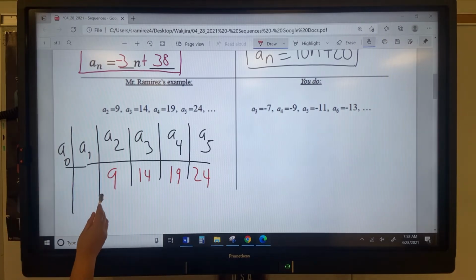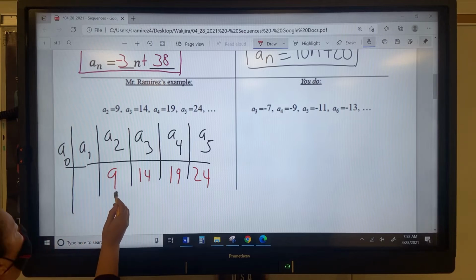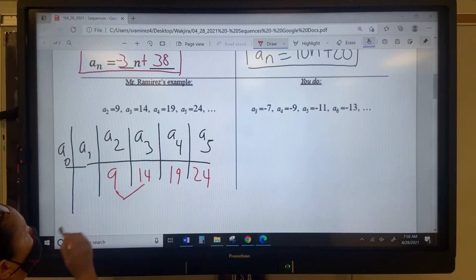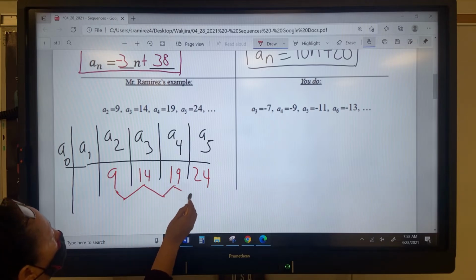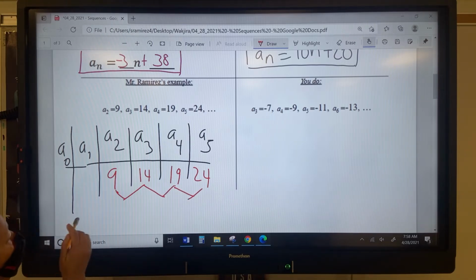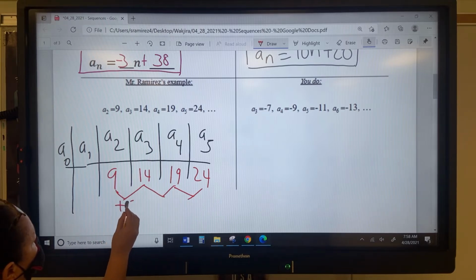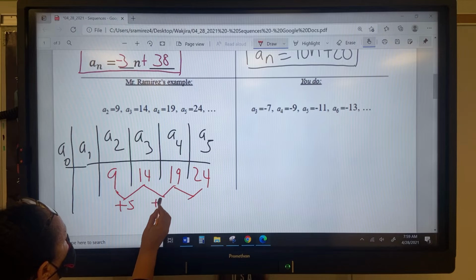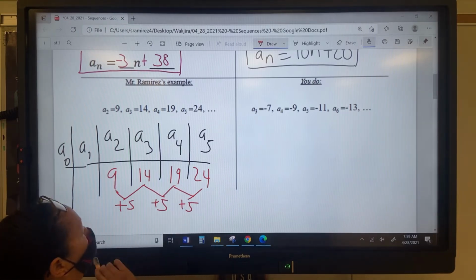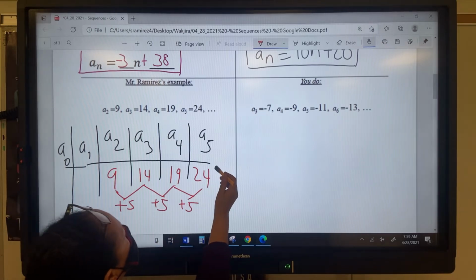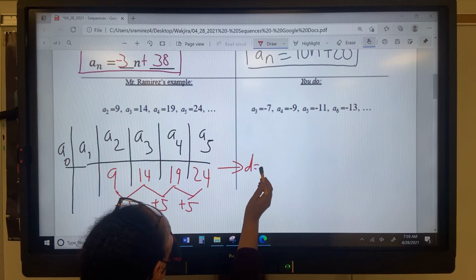Now we have to figure out what happened to these numbers in between, from 9 to 14, from 14 to 19, from 19 to 24. What happened here is it added up 5. So that will give us our D to the right side. Our D is 5.